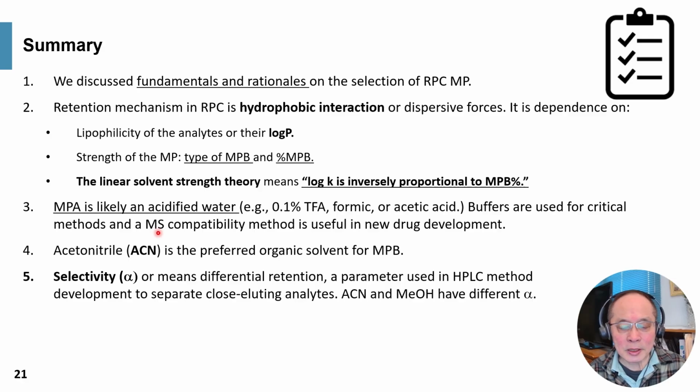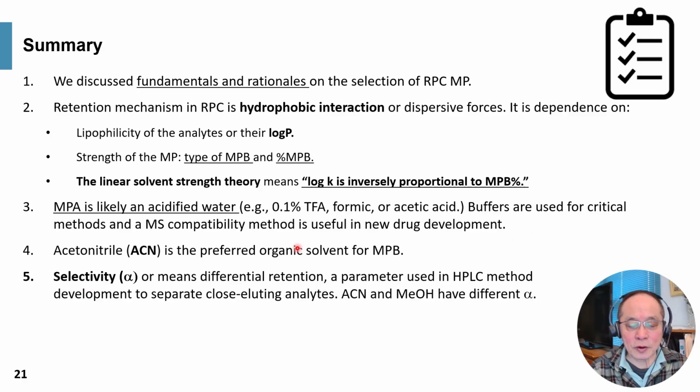Mass spec compatibility is really important. A method which is mass spec compatible in HPLC is very useful for new drug development because then you can use mass spec anytime to identify an impurity.